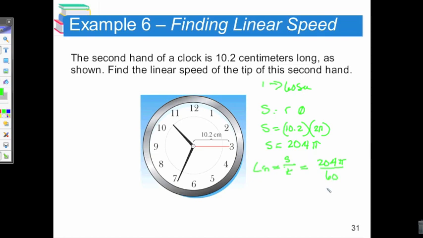So now if I do my division here, 60 goes into 20.4 pi, and that's just about 1.07, and we're talking centimeters per 60 seconds. So 1.07 centimeters per second is the linear speed of this hand of the clock.